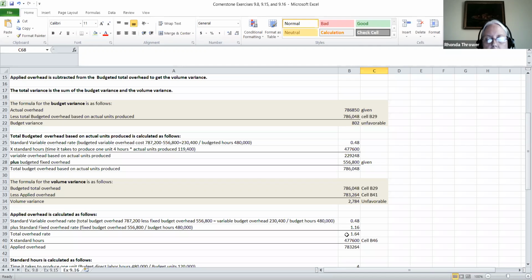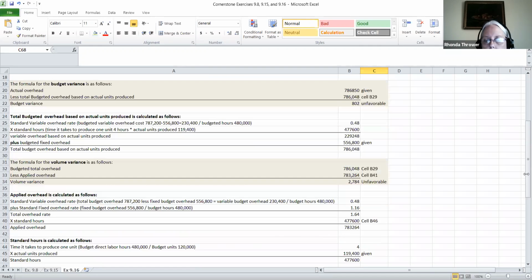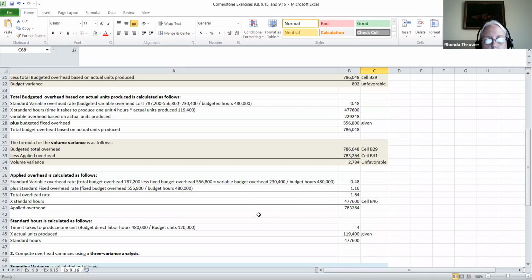The 2 of these together are the total overhead rate. So we add the 2 of these to get this. And then we multiply it by the standard hours. The standard hours we had come up with before, but I'm going to repeat it again here. It was the amount of time it takes to produce 1 unit times the actual units produced. 477,600 was substituted back up here.